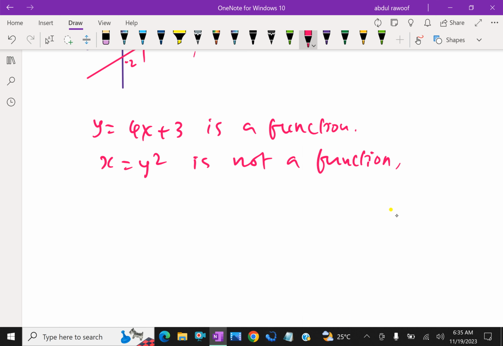For example, suppose x equals 4, then y equals plus or minus 2, since minus 2 whole square is 4 and plus 2 whole square is 4.